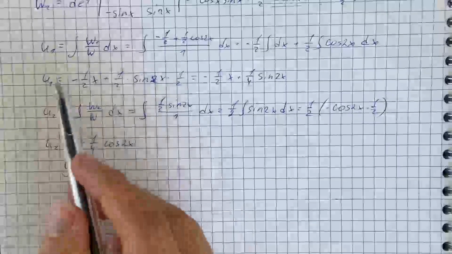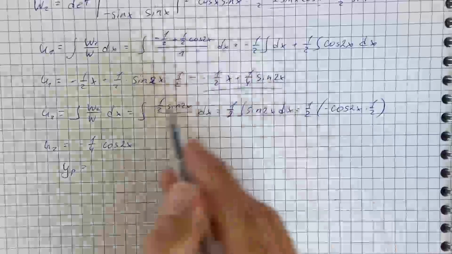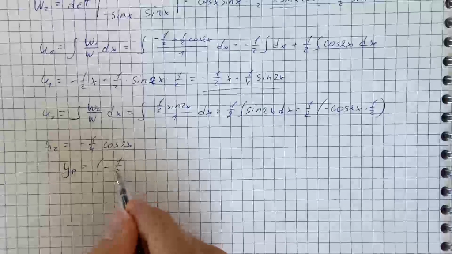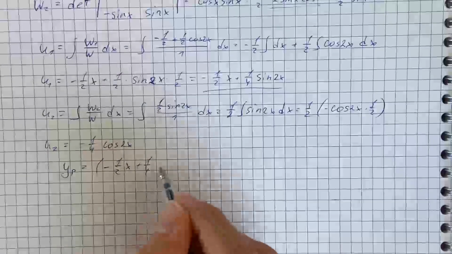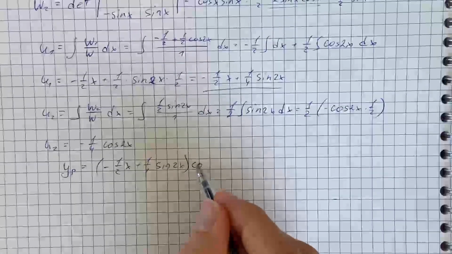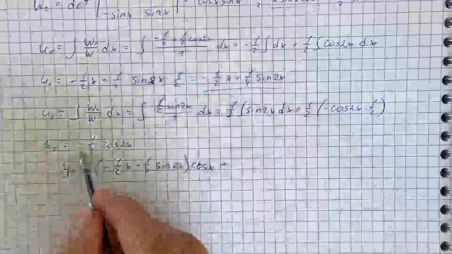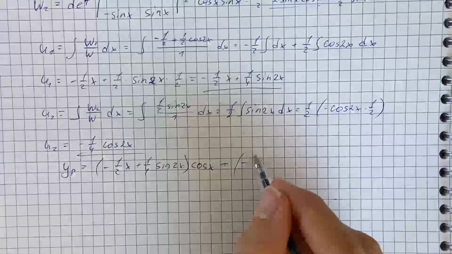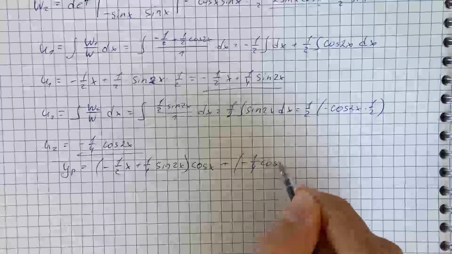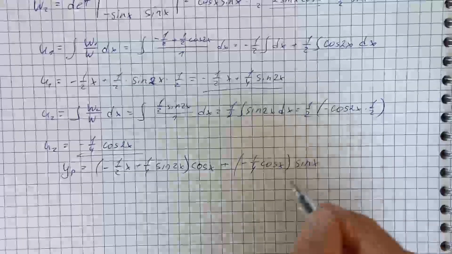So that's going to be u1, which is negative 1/2 x plus 1/4 sine of 2x, times y1, which is cosine of x, plus u2, which is negative 1/4 cosine of 2x, times y2, which is sine of x.